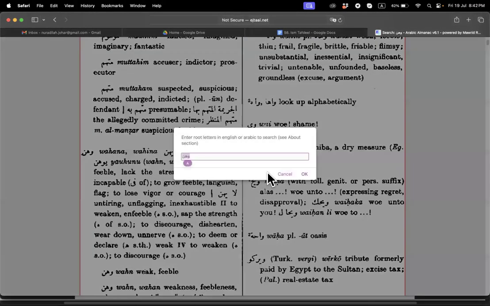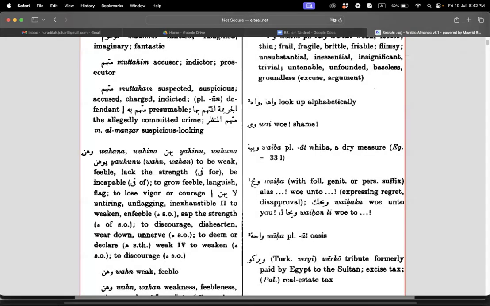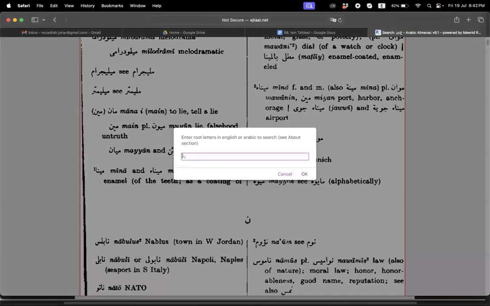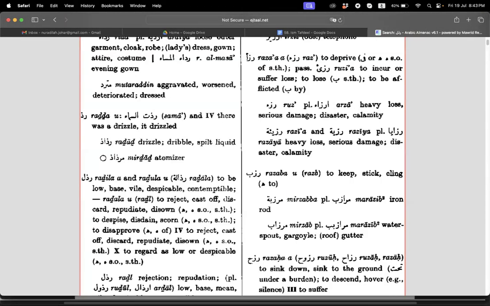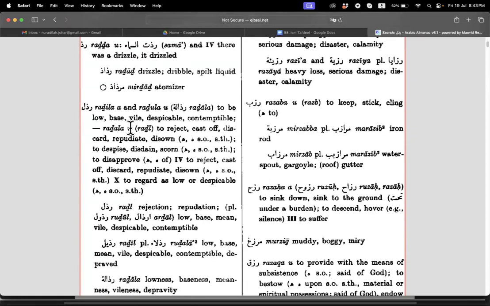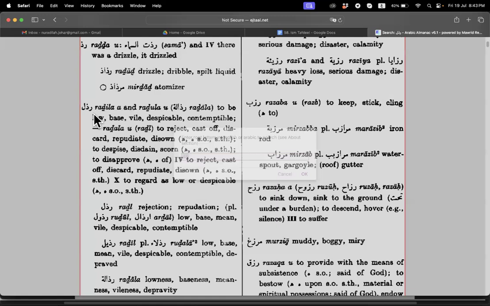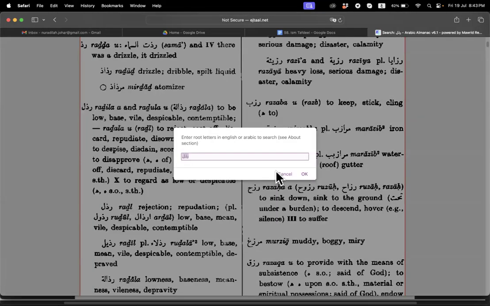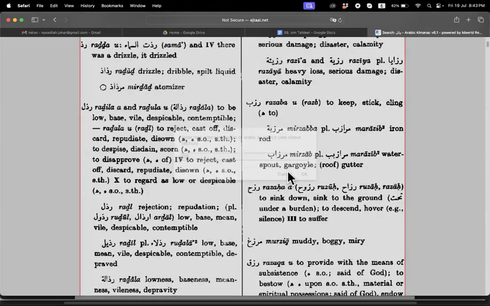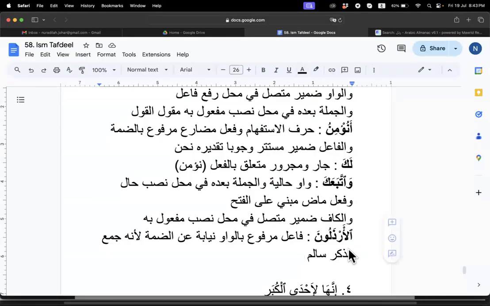Ra, dal, lam. Ardhal, the low. Okay, the low. So, if you make this singular, what word is this?